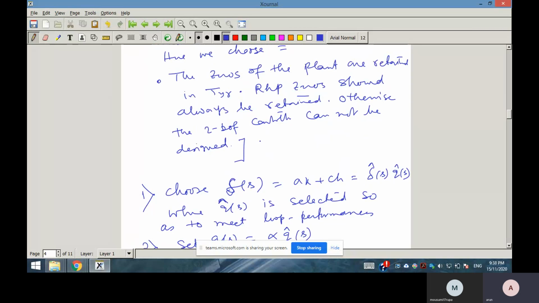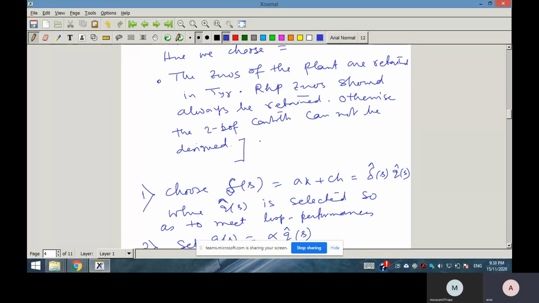Internal instability will occur because of unstable pole zero cancellation in the loop. You may see that the input output response is nice, but some internal signal will become unstable. That is called internal stability of the system.